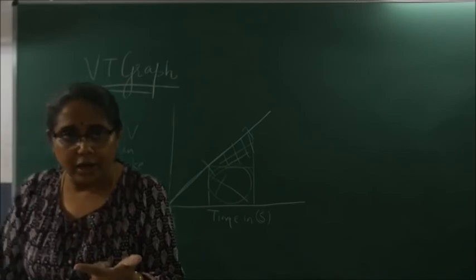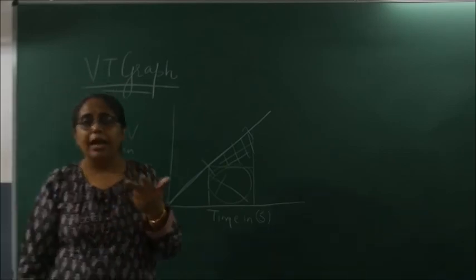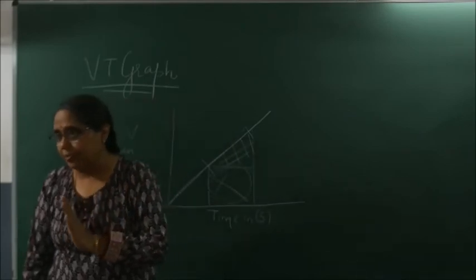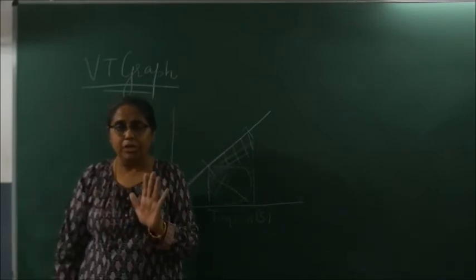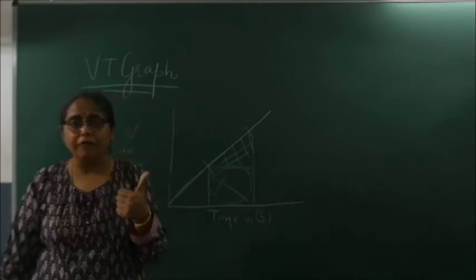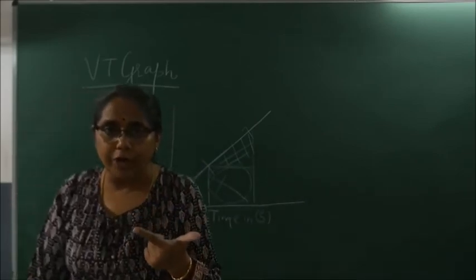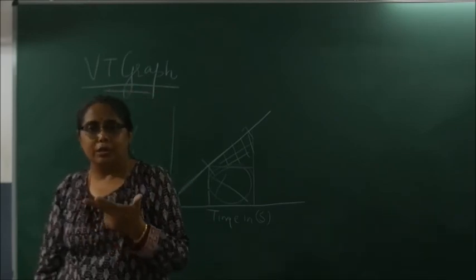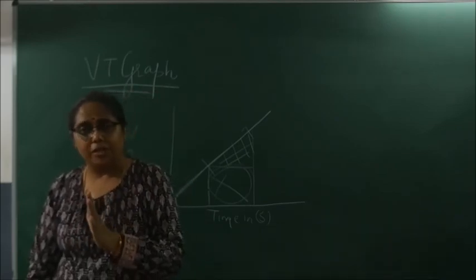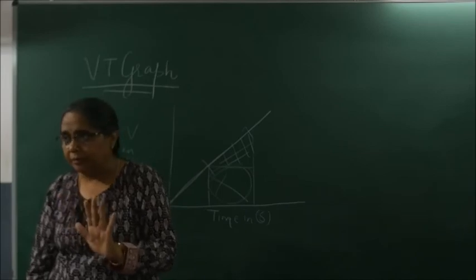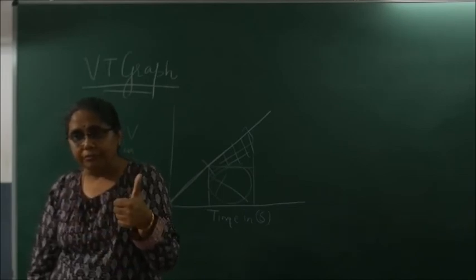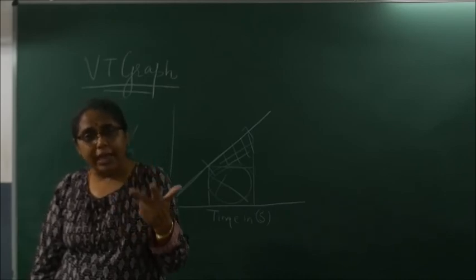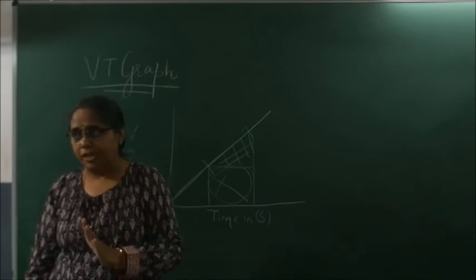Slope of VT graph gives acceleration, and the area below the VT graph gives me displacement. All three things clear? Slope of ST, speed. Slope of VT, acceleration. And the area below VT graph, displacement.